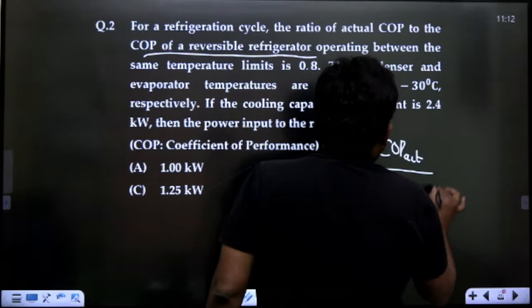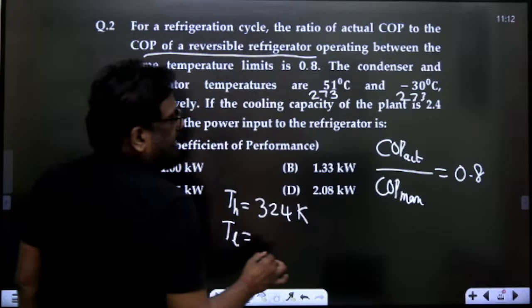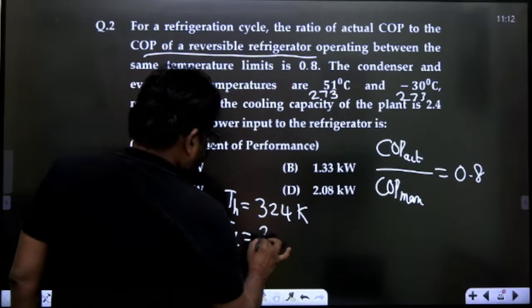The condenser temperature means higher temperature. What is the higher temperature, sir? 51 plus 273, so how much will it be? Is it 324 Kelvin? Am I right? Yes. And what is the evaporator temperature? -30, so add 273. I think you are getting this as 243.